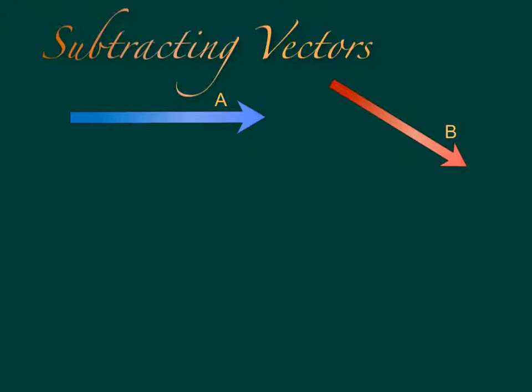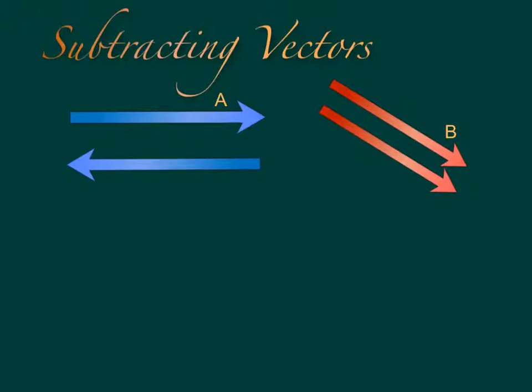So let's do it that way round. So again, we make copies of these, and then we reverse the direction of the one we want to be subtracting. So let's say we're going to subtract A first.